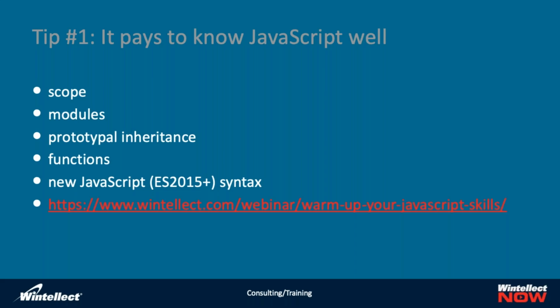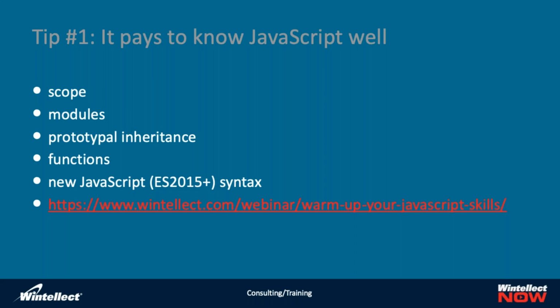Know how scope works in JavaScript, know how modules work, know what prototypal inheritance is and how that's different from object-oriented class-style inheritance. Understand functions, both with the function keyword and arrow functions, and be really proficient with the new JavaScript syntax. There's been a new version of JavaScript every year since 2015, and these are now named according to the year.